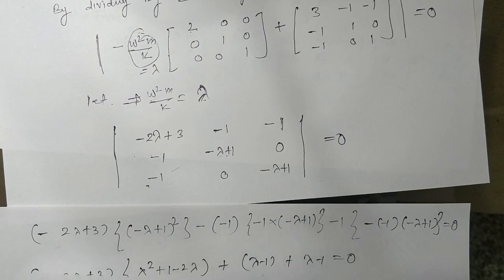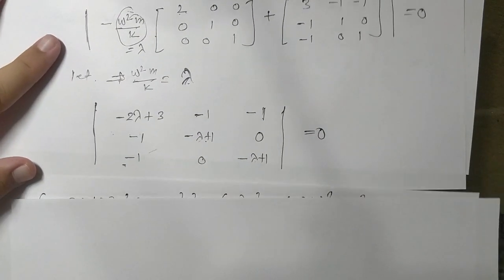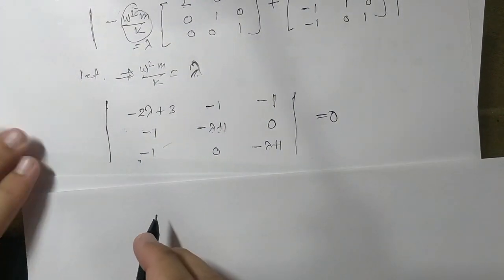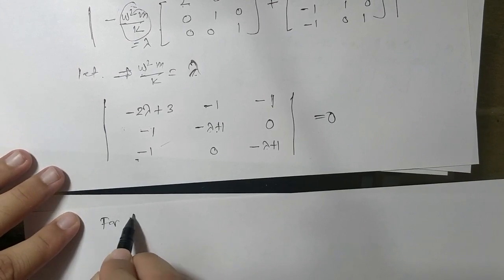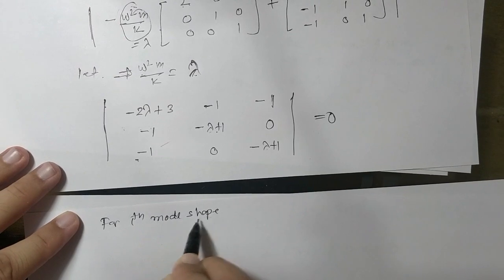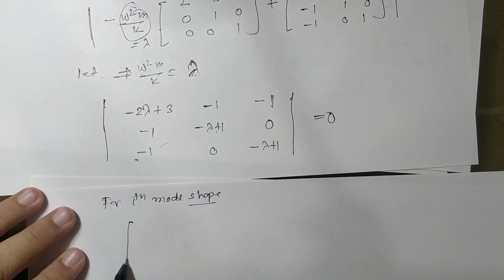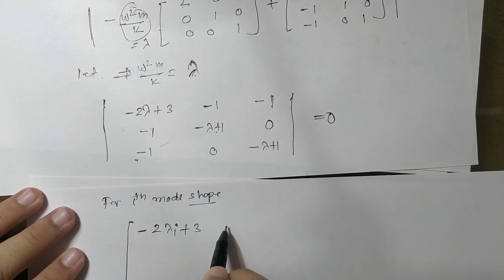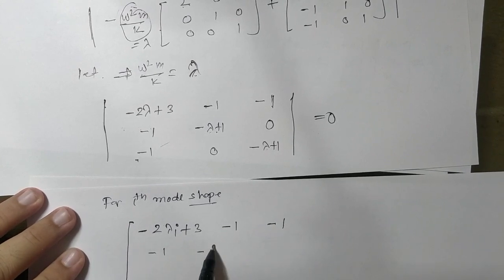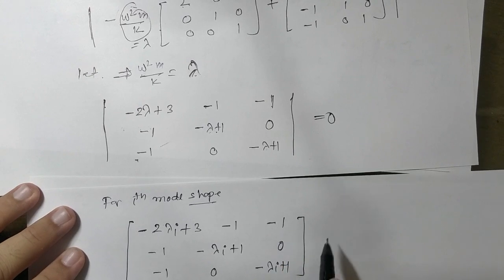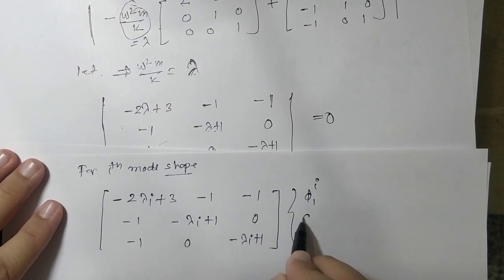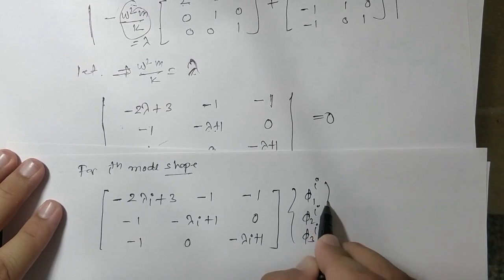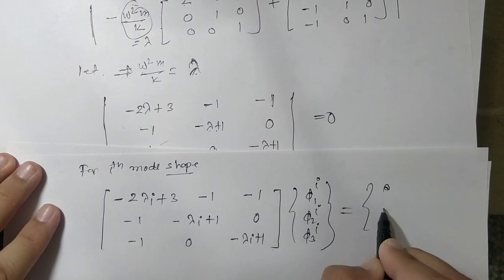For the ith mode shape, we can write the equation: minus 2 lambda i plus 3, minus 1, minus 1; minus 1, minus lambda i plus 1, 0; minus 1, 0, minus lambda i plus 1, multiplied by phi 1i, phi 2i, phi 3i, equal to 0, 0, 0.